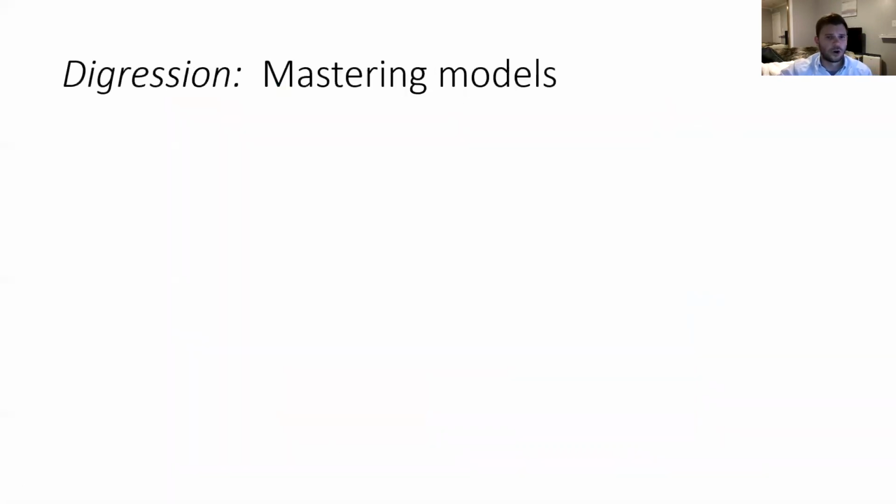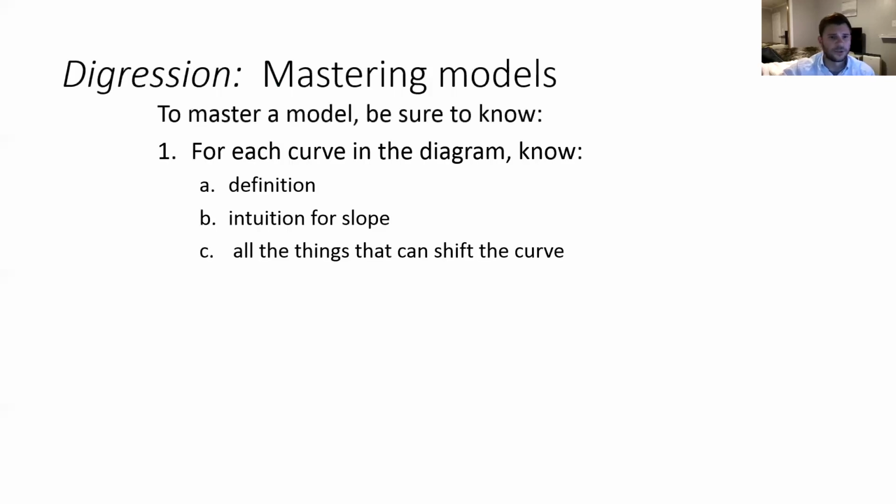So just to recall our discussion of how to master a supply and demand model, the first thing we wanted to be able to do is, for each curve in the diagram, for both the supply and the demand curves, know the definition of these curves, understand the intuition for the slope of these curves, and then understand all of the factors that could potentially shift these curves, which we're going to talk about momentarily.